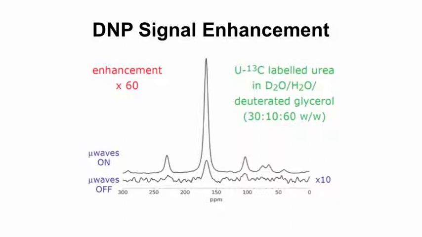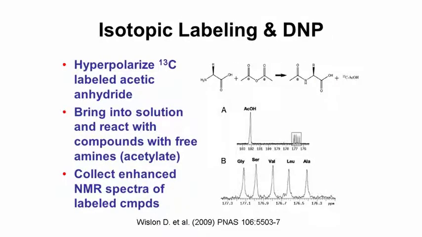So that concept of enhancing and working with carbon-labeled material or N15 labeled material has actually been moved into metabolomics. And what they've done here is that they've taken acetic anhydride, which they cool down, put it in the DNP juice, irradiate with microwaves for 2 or 3 hours, and then rapidly dissolve it and rapidly react it with, in this case, a bunch of amino acids.